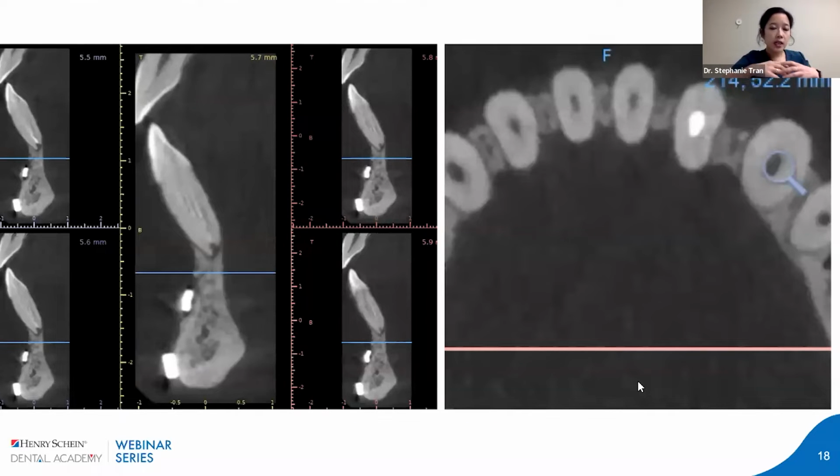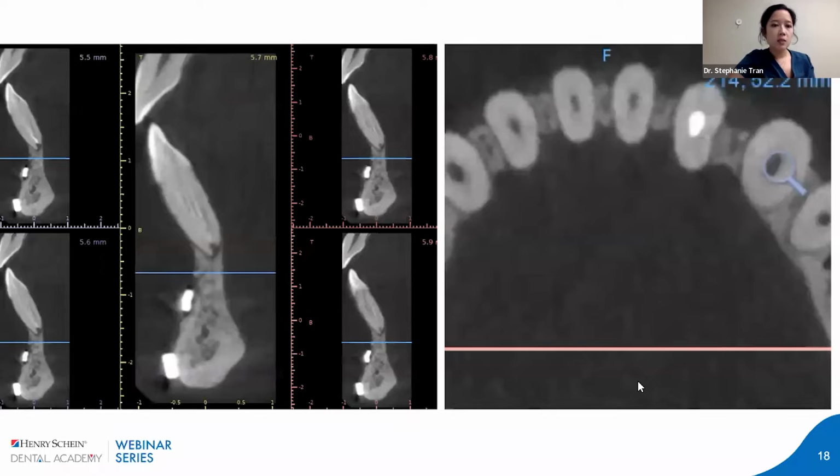If you're taking a large field of view, such as for surgery, perio, oral surgery, or cephs for ortho, a lot of times you're going to have slices that go through the entire arch, like the pan kind of views. We don't want that in endodontics. To help improve our interpretation, we want it centered specifically on the tooth itself.